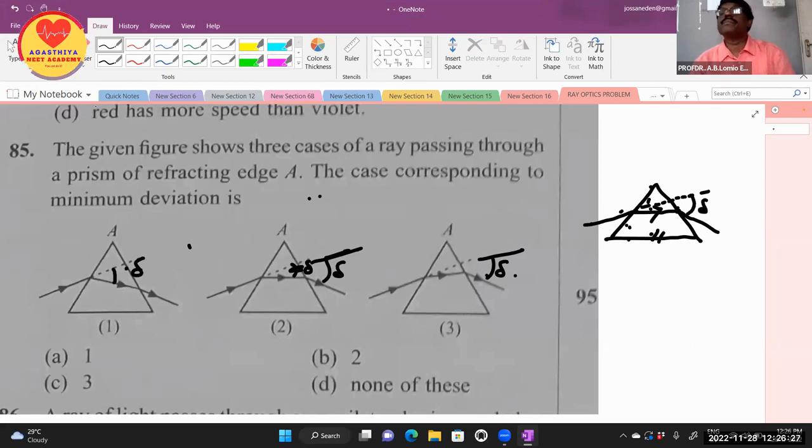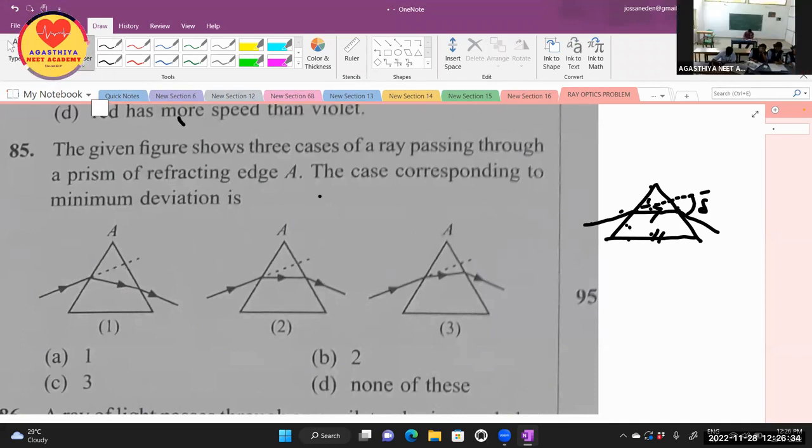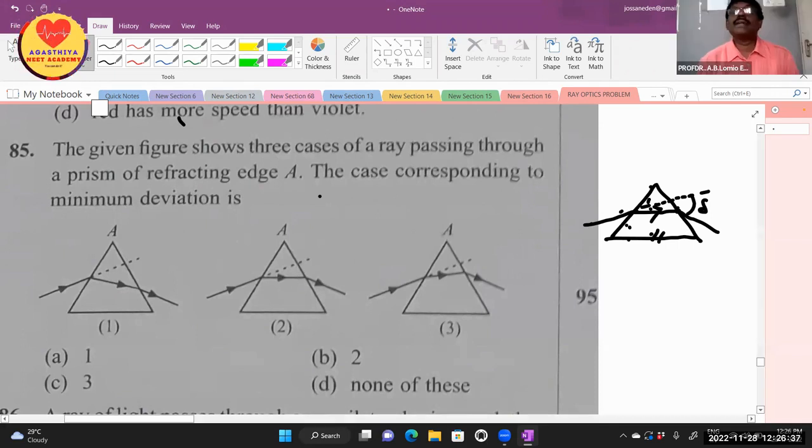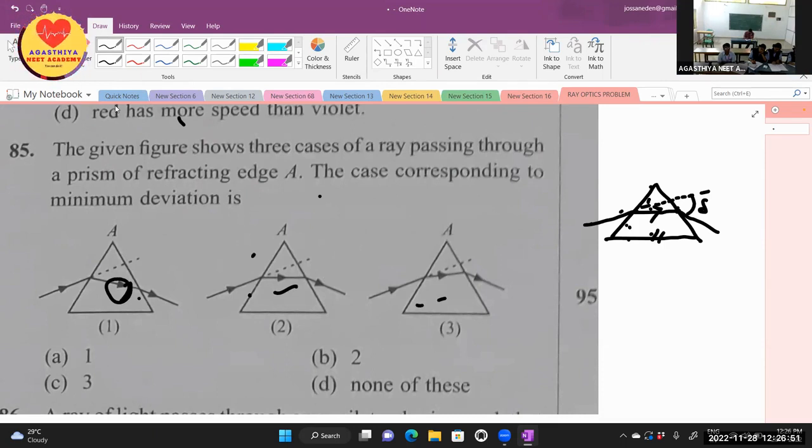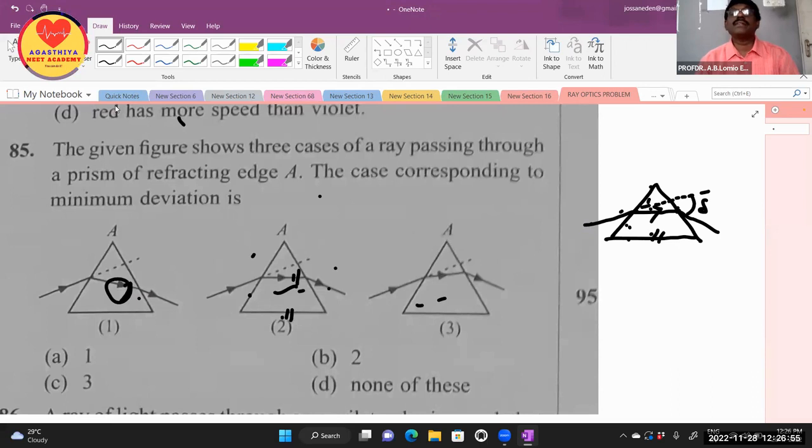Now, compare the three rays. See the refraction inside the prism. In the middle one, the ray passes approximately parallel to the base. This line is parallel to this line. As a result, this emergent ray produces minimum angle of deviation.